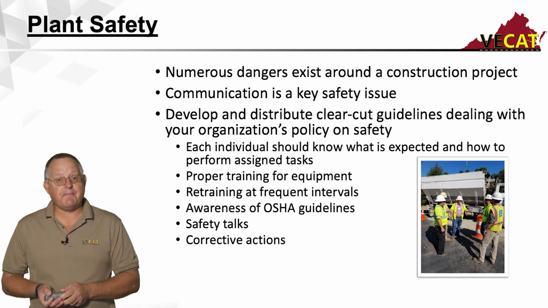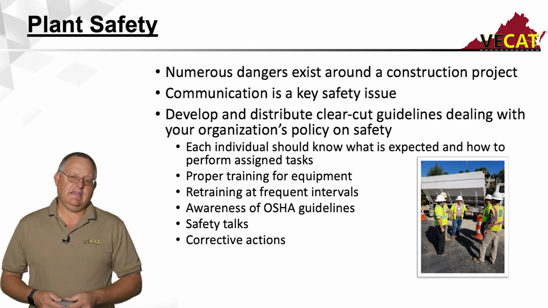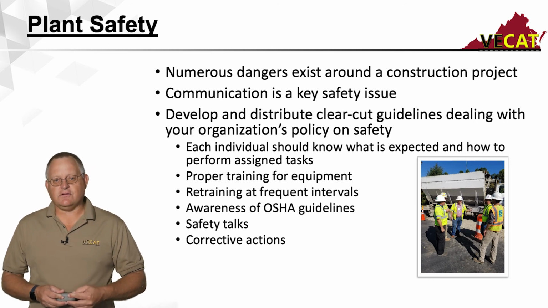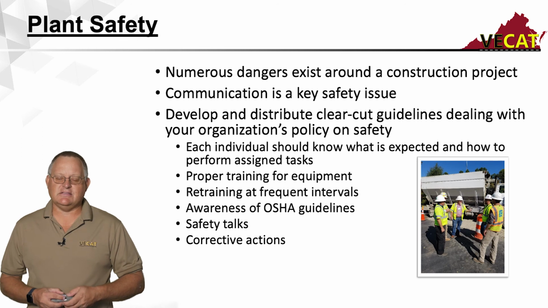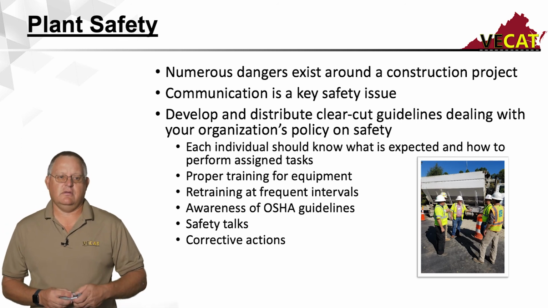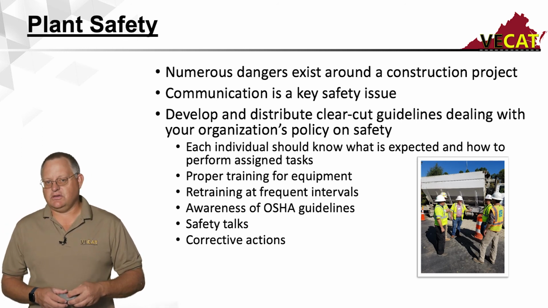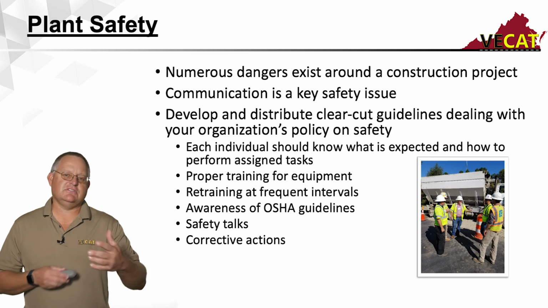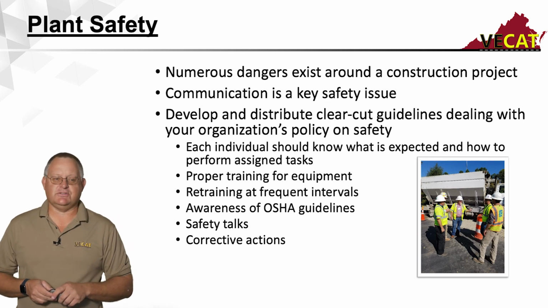They should have the proper equipment. They need to make sure that they're not only trained once, but trained over and over to make sure that everybody is clear on what is going on. Make sure the OSHA guidelines are being followed. We'll have a presentation later on a lot of the things that go around the plant to make sure people are safe.